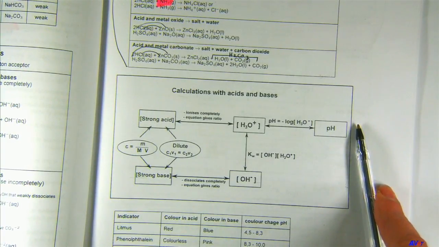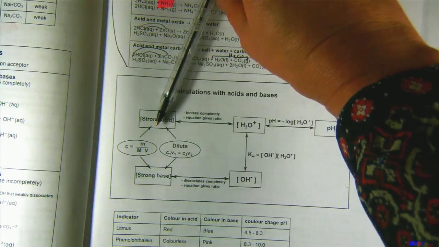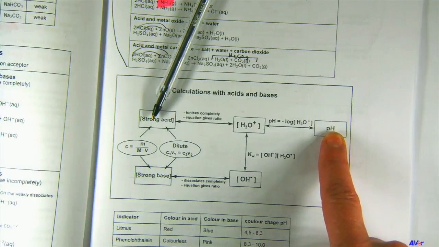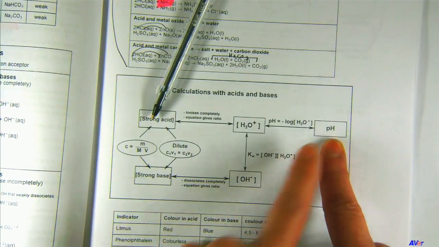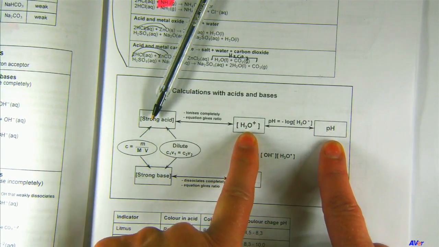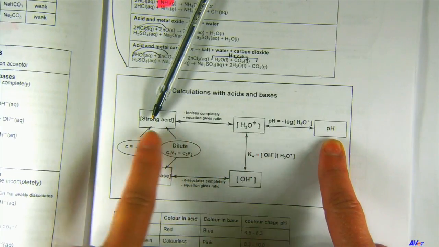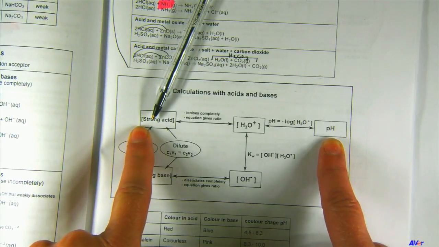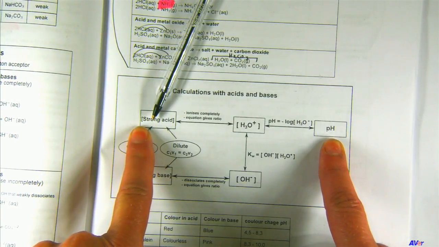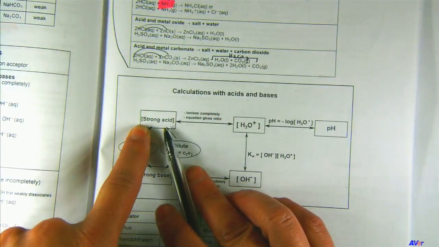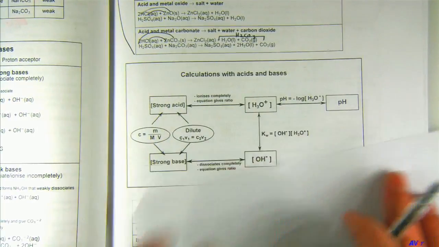So if, for instance, they tell you you've got an acid and they give you the concentration of the acid and they ask you the pH, you start by saying, for pH I need the H3O plus concentration. Right. But that is not necessarily the same as my acid. If my acid is HCl, what do I know about HCl? It's a strong acid, right? And if I write it down, how does HCl react?